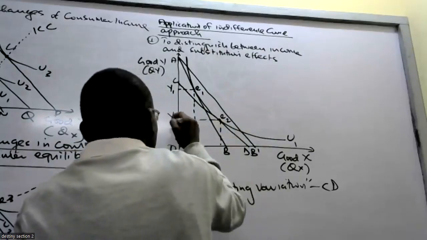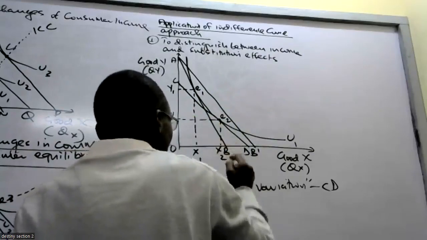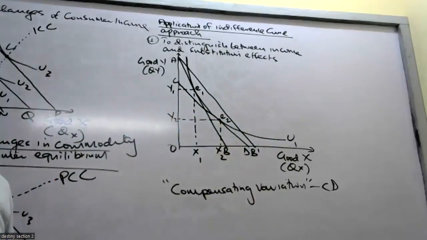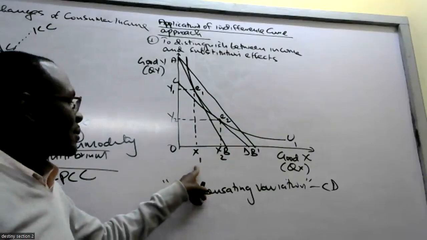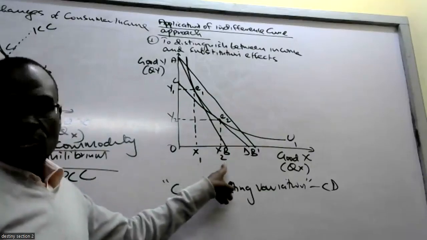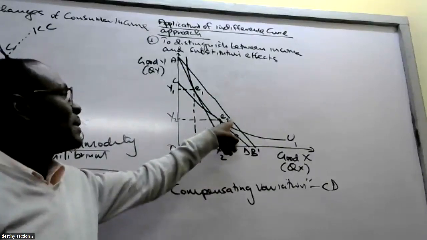So what's the interpretation of this? The price of X has reduced. Because the price of X has reduced, the consumer has reacted by buying more of X, from X1 to X2, to a new equilibrium E2.